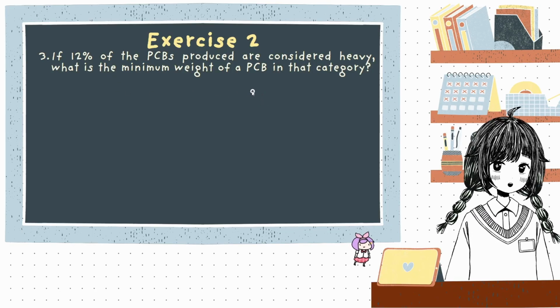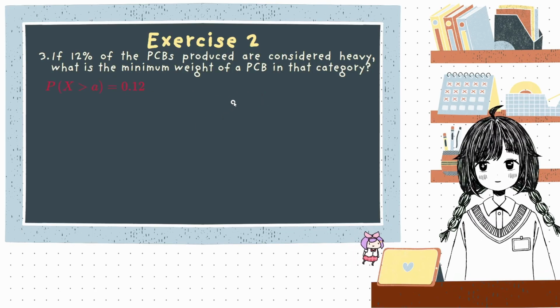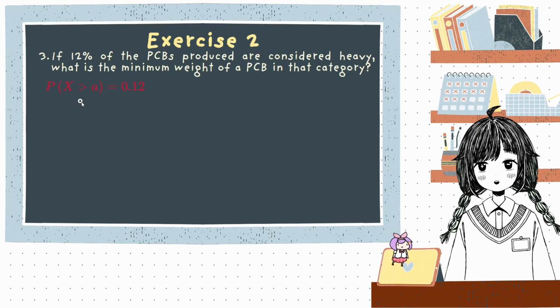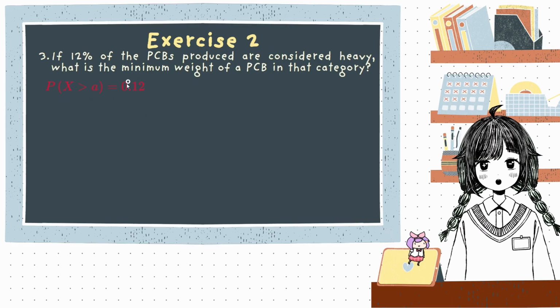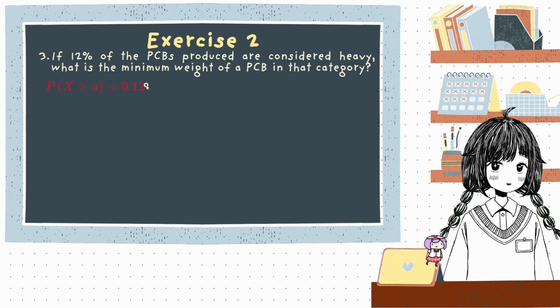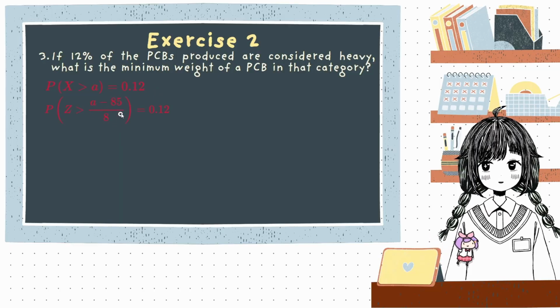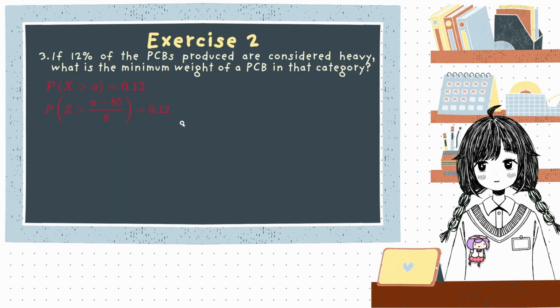So let's just write out what we know. Since we don't know the weight, let's assume it's A, and the probability given is 12% or 0.12. Insert the mean and standard deviation values. Things to know, this one here also means Z alpha.